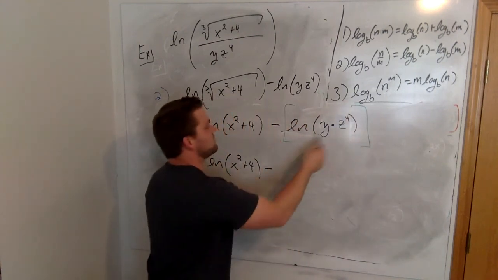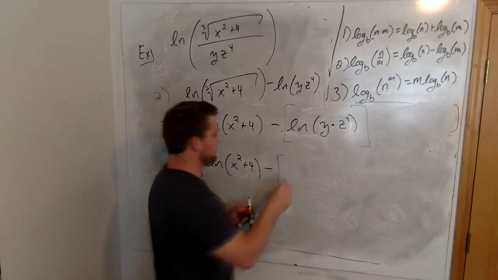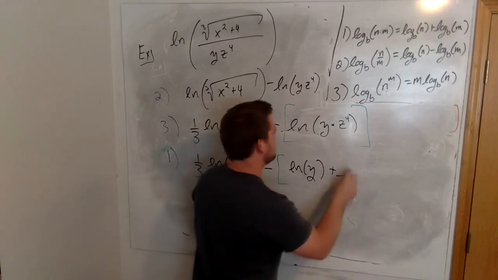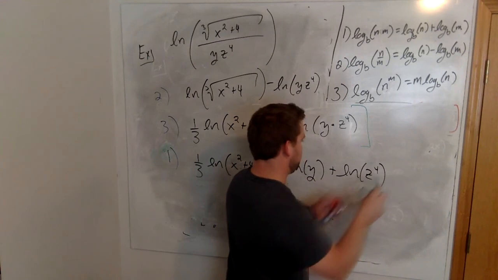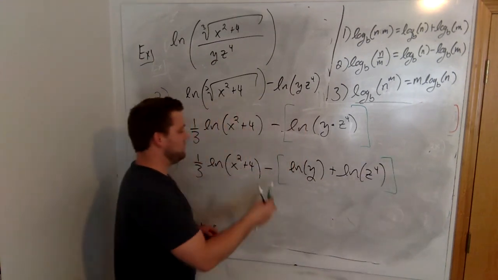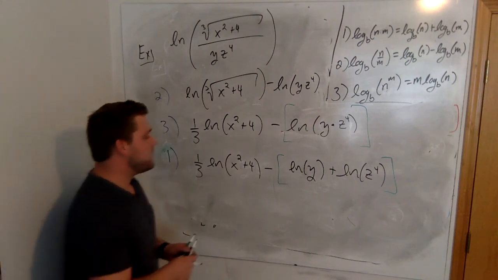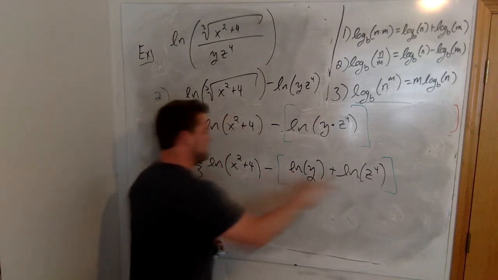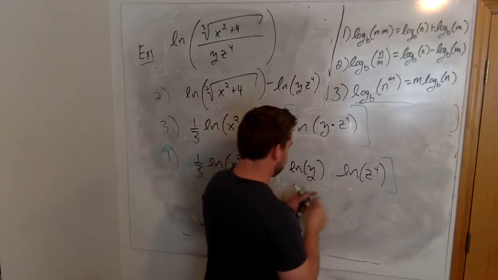This is going to be the natural log of y plus the natural log of z to the 4th. Be a little bit careful: we need to subtract all of the pieces. The subtraction sign distributes to each piece, because when I subtract a sum, I have to subtract all of the pieces.